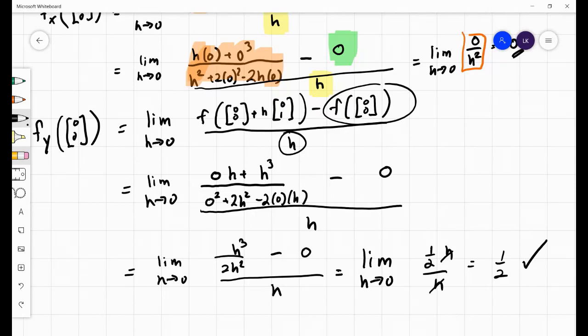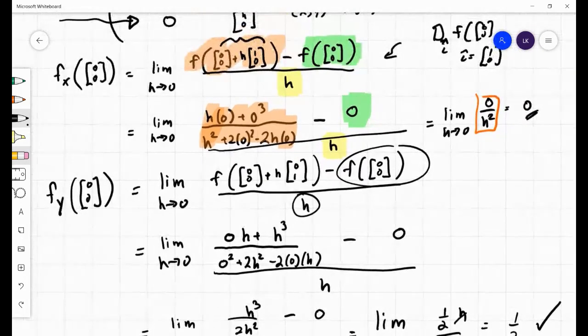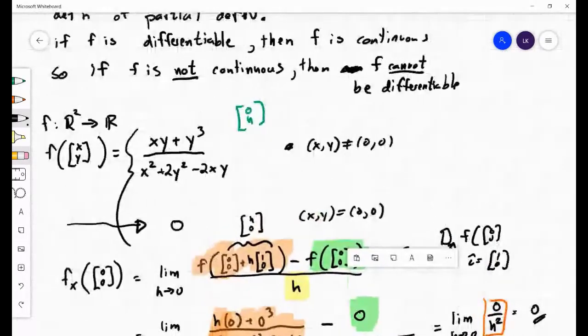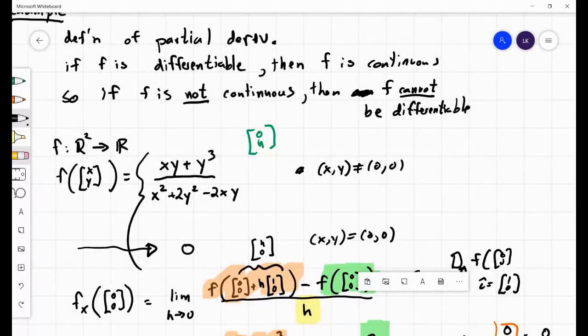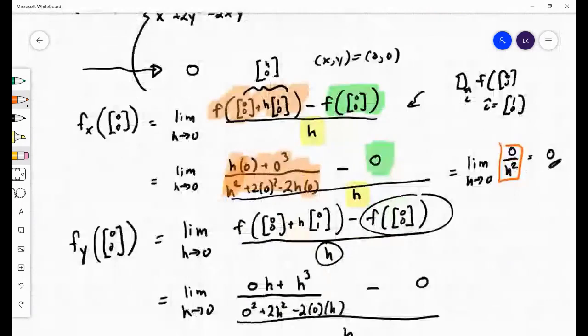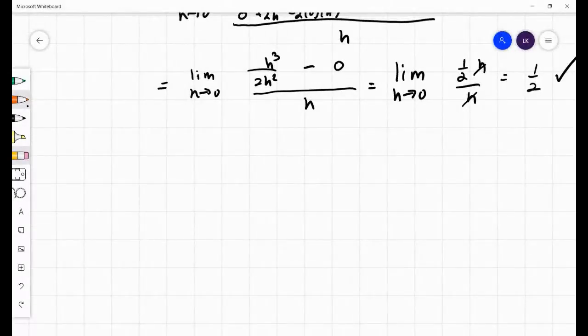Okay. And now the existence of these two partial derivatives does not guarantee the differentiability of the function. And we're going to show that the function is not differentiable in that kind of indirect way by showing that the function is not continuous. Therefore, it's not differentiable. And so you already know that for a function to be continuous, the limit has to exist.